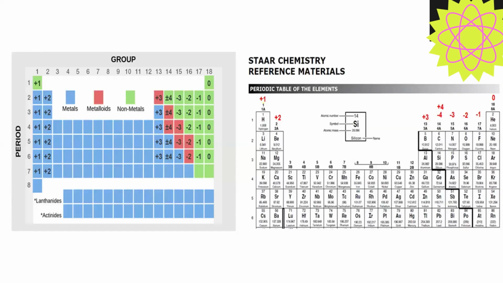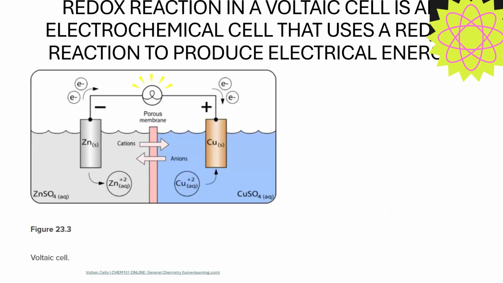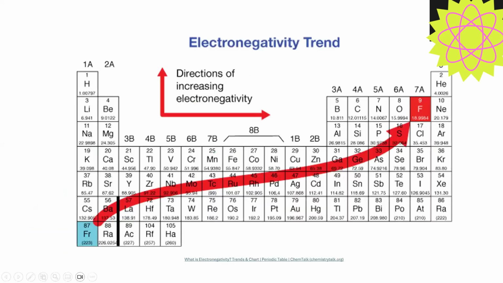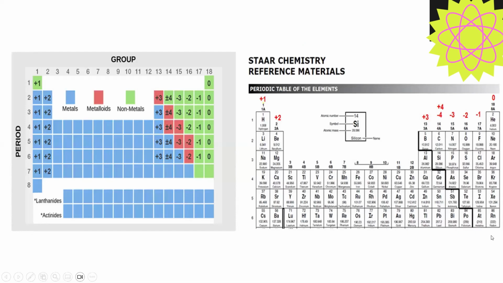Okay, so look at it. This is the electronegativity, right? But look, also we have the oxidation trend, right? That is the tendency of the elements to be oxidized, right?